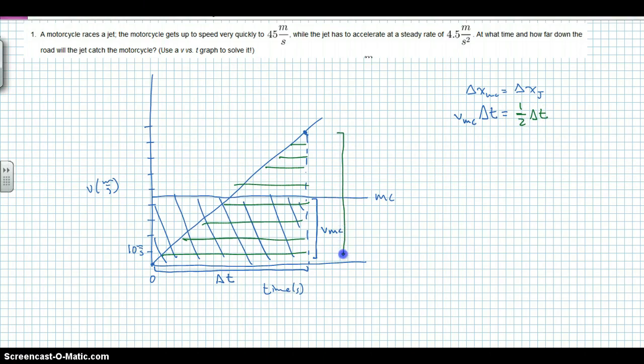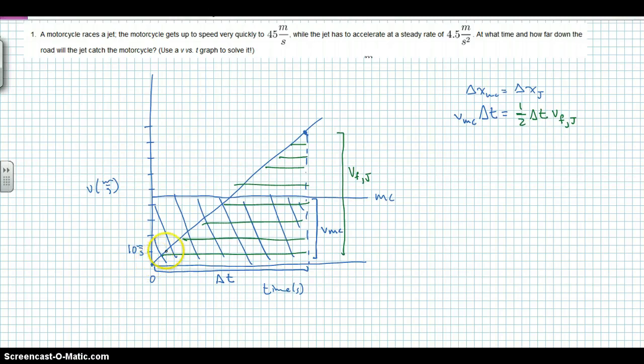The height of the triangle, though, is the vf for the jet, the final velocity of the jet, which we need to figure out how to get because we don't know what that is right off the top. But what we do know is the rate at which the velocity changes. We know the acceleration. We know that we start at a 0 velocity.